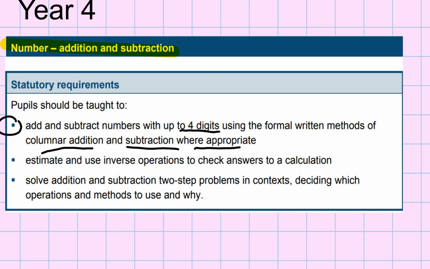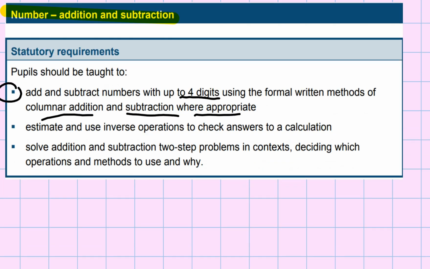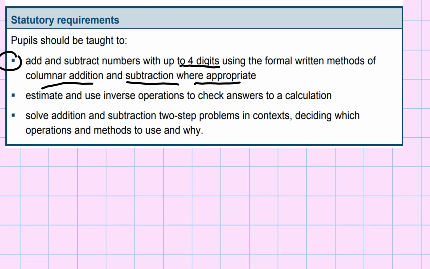So that means if they can do the calculation mentally, then they aren't required to show written methods unless they've been asked to. And they also need to be able to estimate and use the inverse operation to check answers to a calculation. So let's look at these first 2 objectives because they're very much linked together.